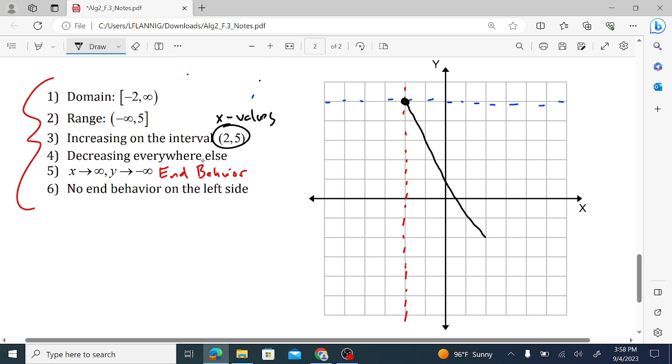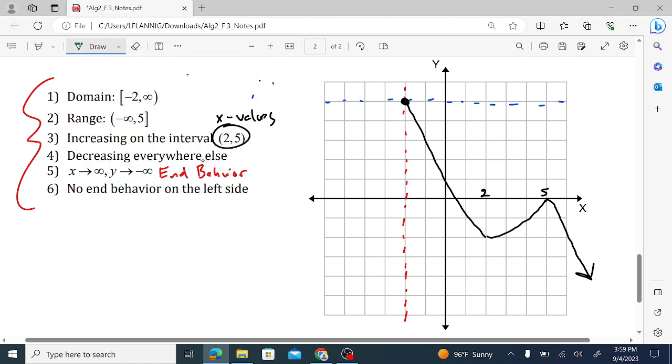Then I would like to increase until I hit 5. Increase, increase, increase. Now I've hit 5. So this is at 2. This is at 5. And now my graph should again go all the way down till the end and just keep going.